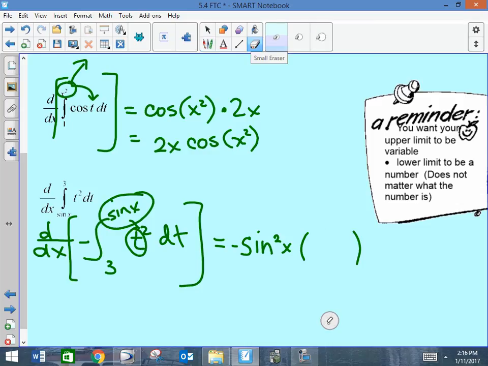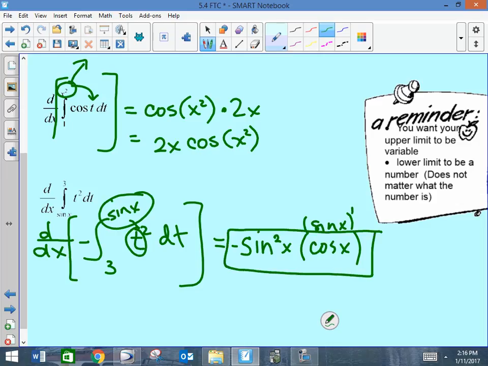Derivative of x is... oh, sine of x. And that's cosine of x. That's your answer. That's a chain rule. So we had to negate it because those were backwards numbers, and then we still had to use the chain rule there. So you want your upper limit to be just a variable, otherwise you have to use your chain rule. And your lower limit is a number, and it doesn't matter what number it is.